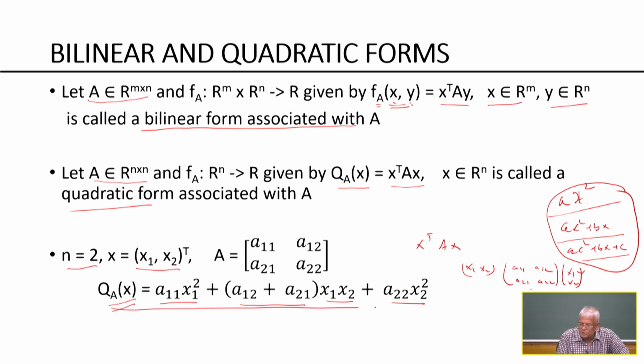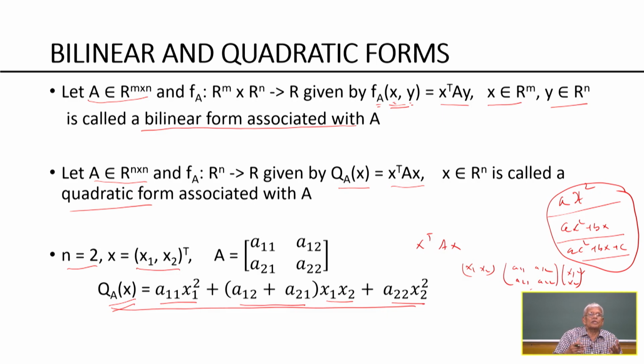This is the homogeneous part. It's a homogeneous polynomial in two variables of degree 2, because there is no other term. Every term is of degree 2. Everybody? So do you now see the difference between quadratic forms and bilinear forms?